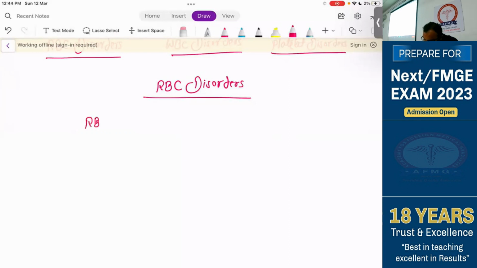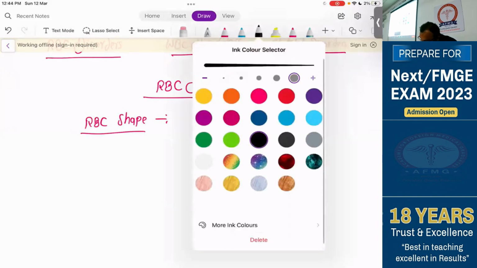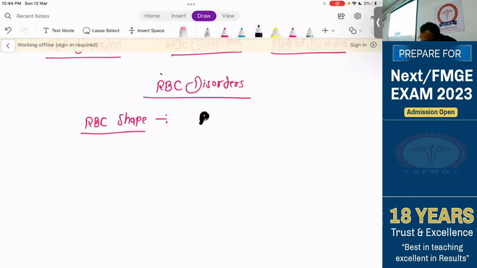RBC shape. All of us know what is the shape of RBC. It's a biconcave shape. So why is only this biconcave shape given to the RBC?